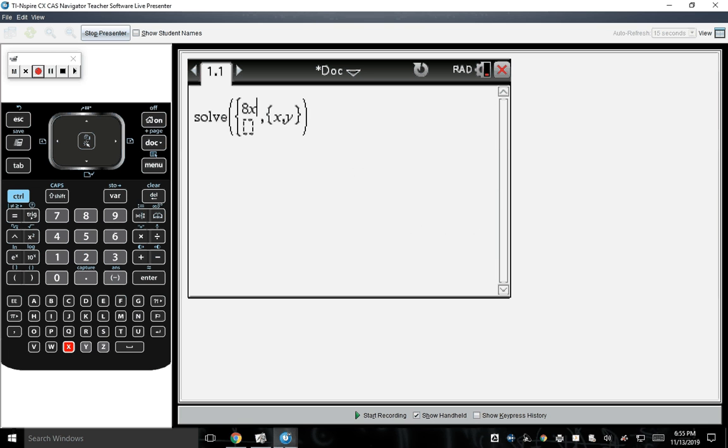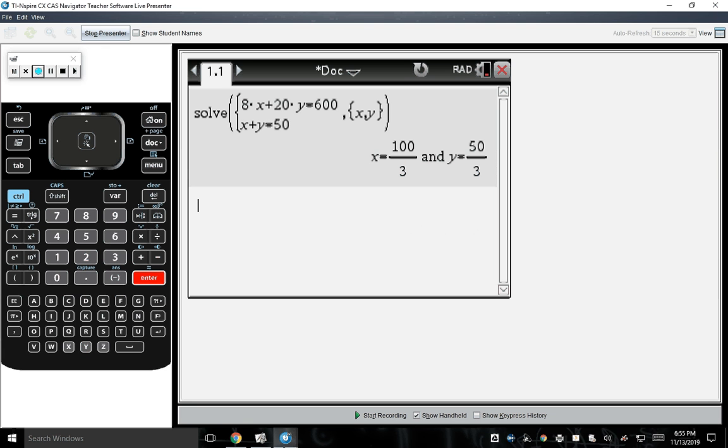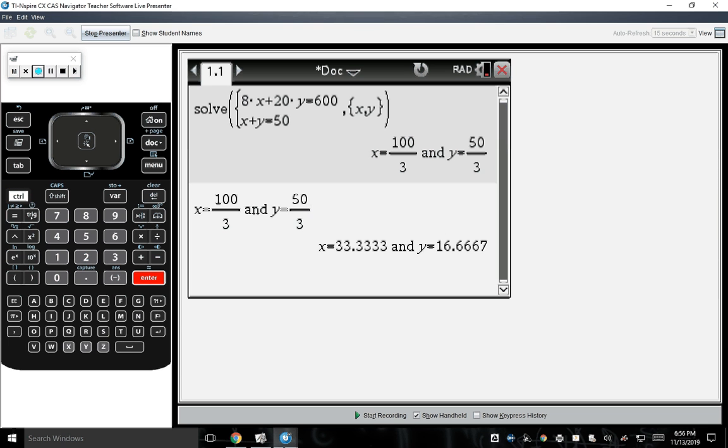And now just put 8x plus 20y. I know it says is less than, but you could put equals to if you'd like to. And then you could do x plus y is equal to 50. And the whole numbers that exist, if you wanted to give them in decimals, just press Control Enter, and that'll show you where those lie as far as answers are concerned.